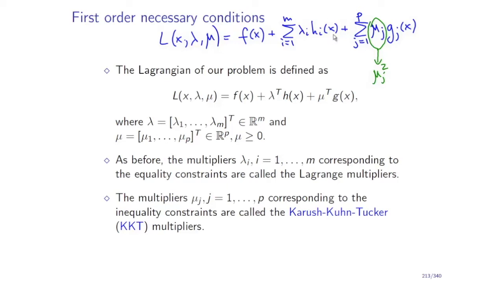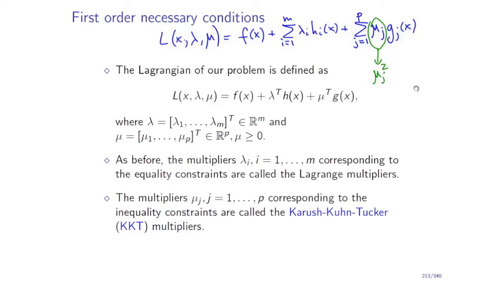Because we essentially try to move the constraints into the objective, right? So now if I take the derivatives with respect to all the variables involved here, and we treat these multipliers lambda and mu as variables, then the first order necessary condition would be to have all these gradients equal to 0, right?